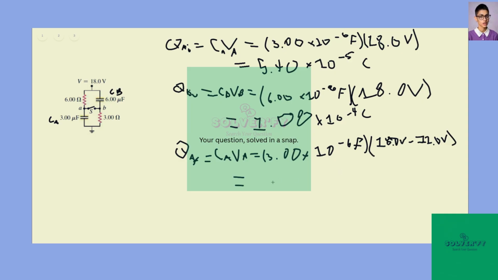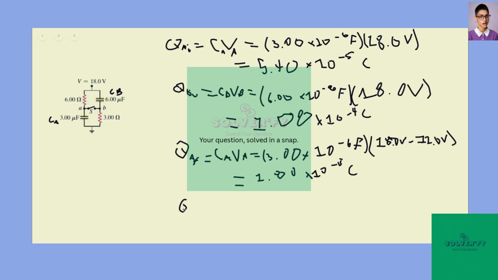So that's going to be equal to 1.80 times 10 to the minus 5 coulombs, sorry, not farads, coulombs.